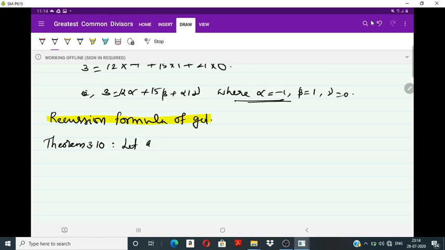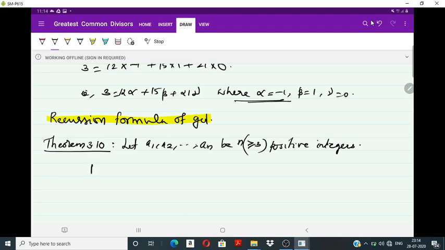Let a1, a2, etc. an, n greater than or equal to 3, be n positive integers.